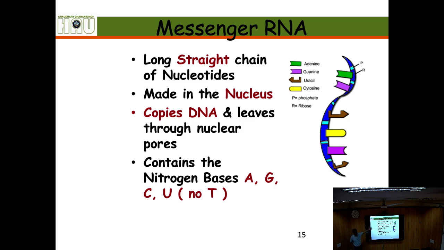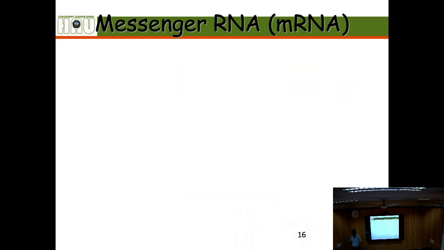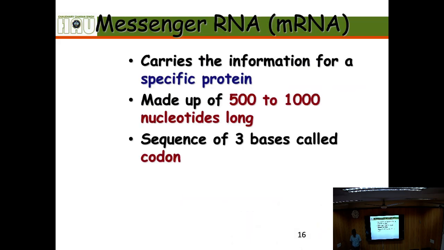The mRNA is a long straight chain of nucleotides made in the nucleus, and it copies the DNA and leaves through the nuclear pore. It contains the nitrogen bases A, G, C and U, and there is no thymine in this. It carries the information for a specific protein, and is made up of 500 to 1000 nucleotides.